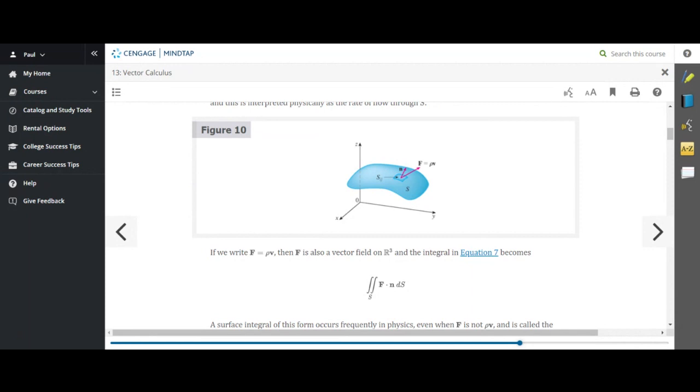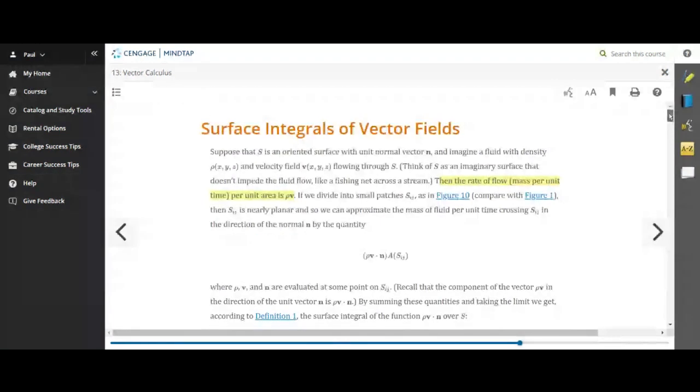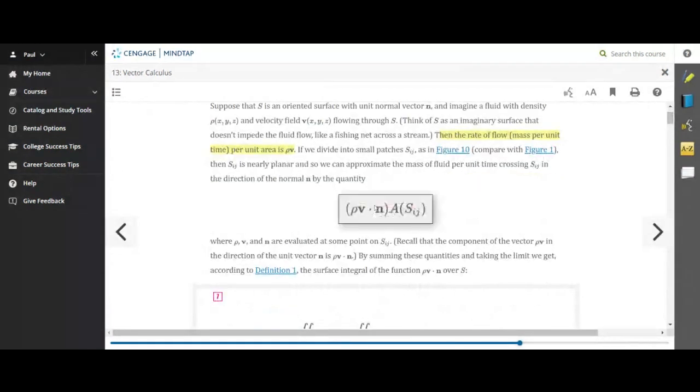But what we care about when we compute the flux, or the net rate of flow, is what contribution of the vector field is going perpendicular to the surface, in the direction of the normal vector. Okay, so what they say is, and let's see, maybe I'll highlight.